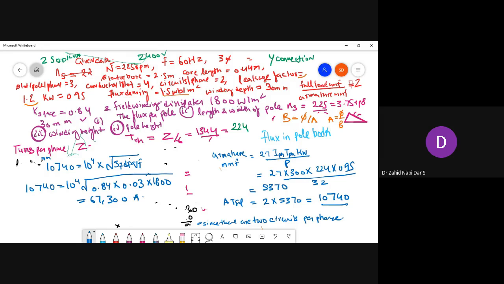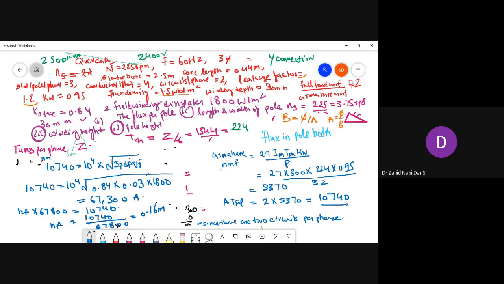So this would mean per meter height, that means height of winding into 67300 is equal to 10740. So height of the field winding happens to be 10740 divided by 67300. This is 0.16 meter.